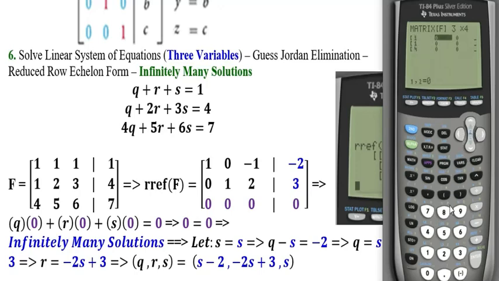For r we have 1, 2, 5. For s we have 1, 3, 6. Augmented with 1, 4, 7.